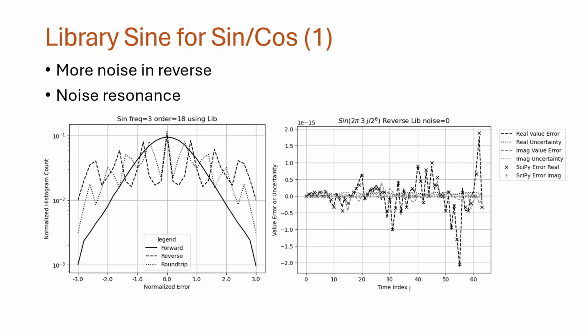This is not surprising because we know the numerical error in the library function is periodic and increases with x, right? So this is a manifestation of that. I call it the resonance of numerical error, and this resonance can easily and mistakenly be taken as real signals.